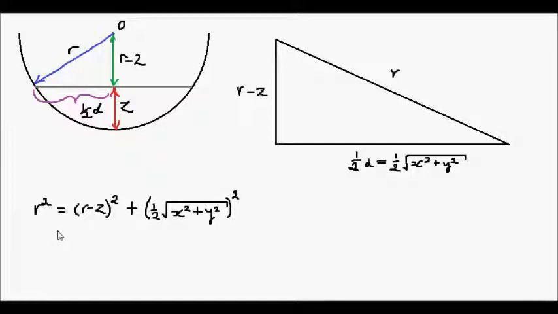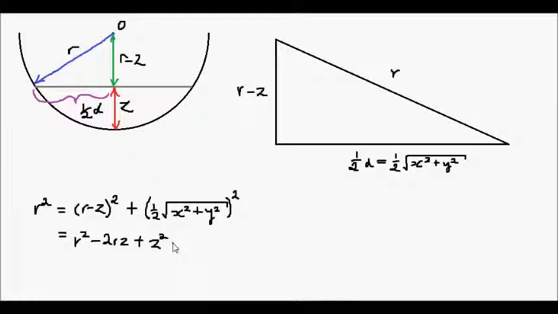So now it's a matter of using our algebra skills and expanding these brackets. The first one is just a binomial expansion, and it's going to result in r squared minus 2rz plus z squared.